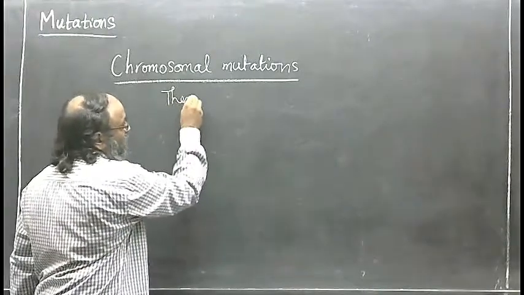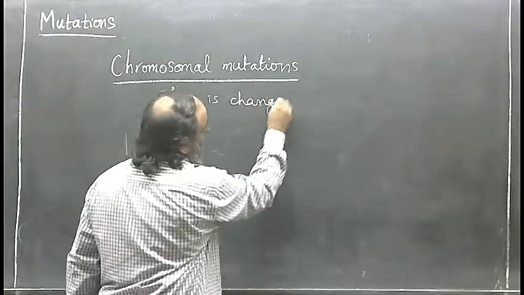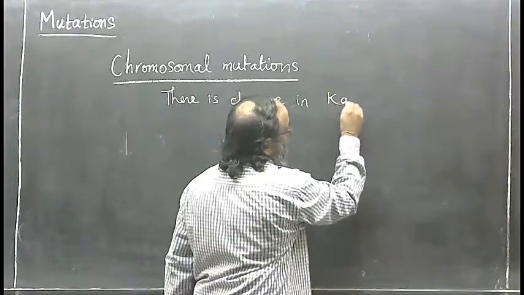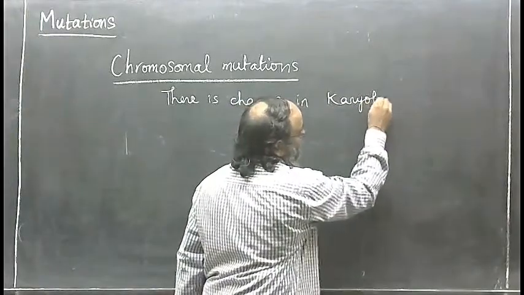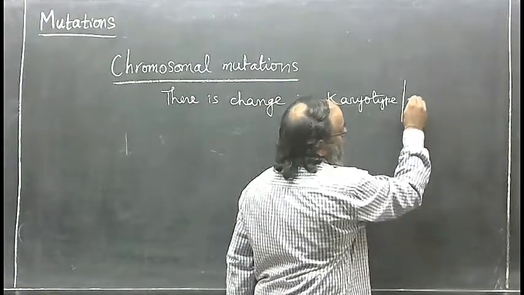There is change in karyotype or morphology of chromosome. Karyotype refers to morphology. Morphology means structure.